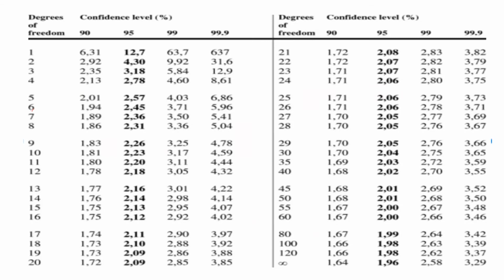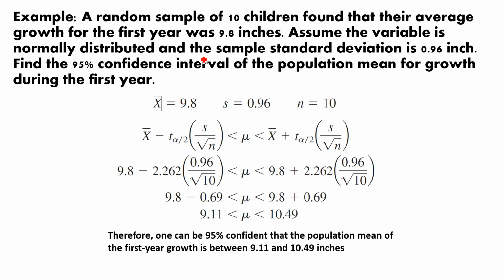This is again the table, which I will show you how to read one more time. Here is my example: a random sample of 10 children. So see, this is our sample size. When we look at the table, please do not look at 10. Here we are going to use n minus 1 degrees of freedom. So 10 minus 1, 9.